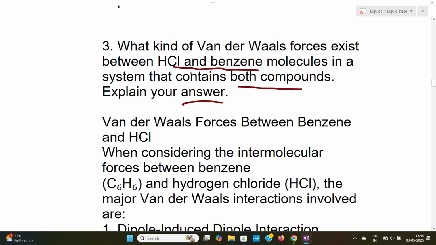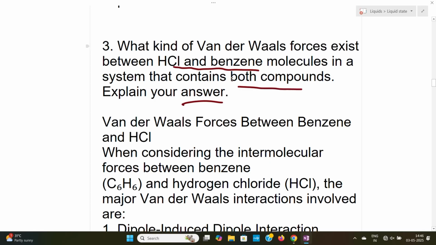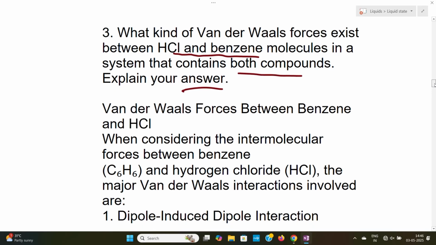HCl is a polar molecule and benzene is a non-polar molecule. Therefore, automatically the van der Waals force will be dipole-induced dipole forces. So now let us see how these dipole and induced dipole forces exist between the HCl and benzene molecule.